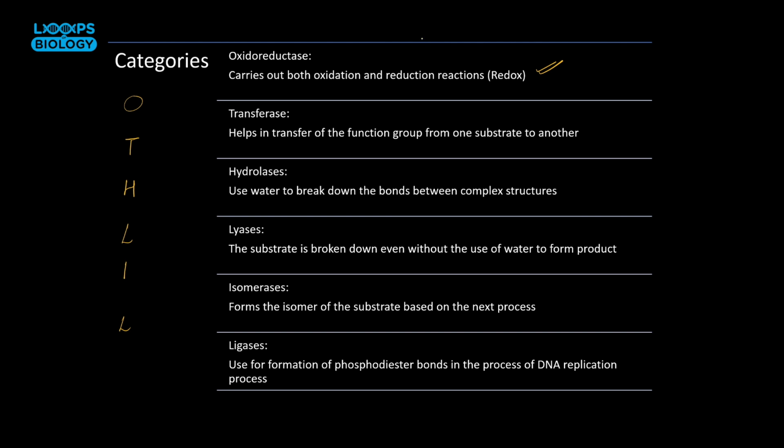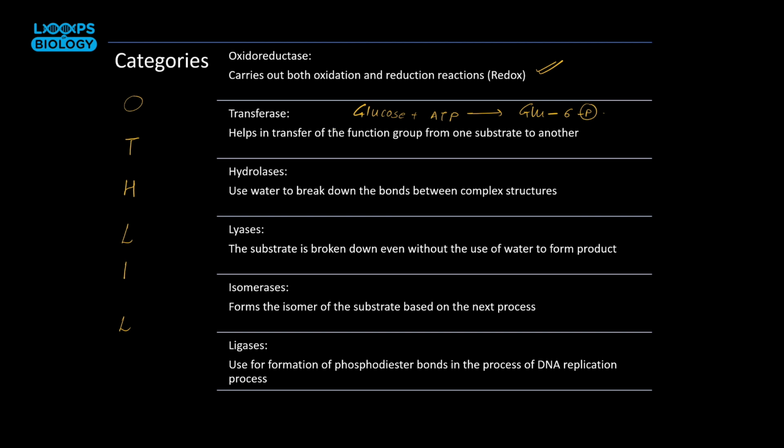Then there is transferase, which helps transfer a functional group from one substrate to another. For example, glucose with ATP gives you glucose 6-phosphate in the presence of the enzyme hexokinase, which is specific for glucose itself.